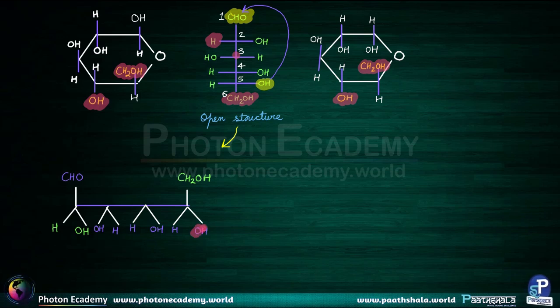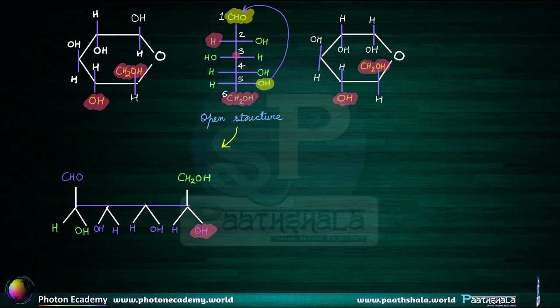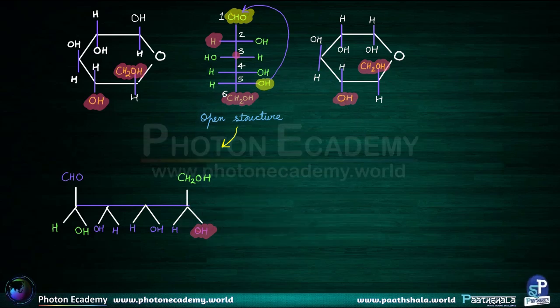Which OH? This one. This needs to come to the top so that I can form the closed structure that I was forming in this cyclic form. So I have to shift this OH to this particular position so that the bonding between OH and this CHO occurs.